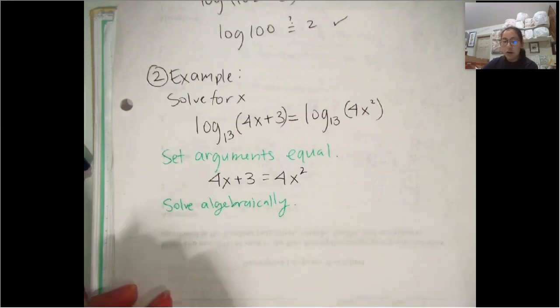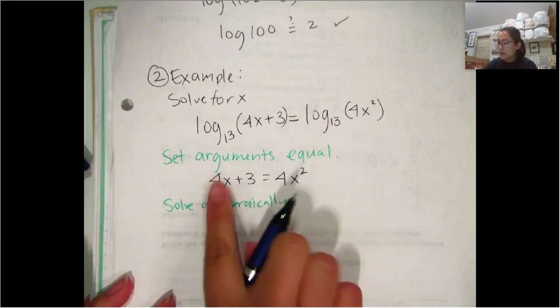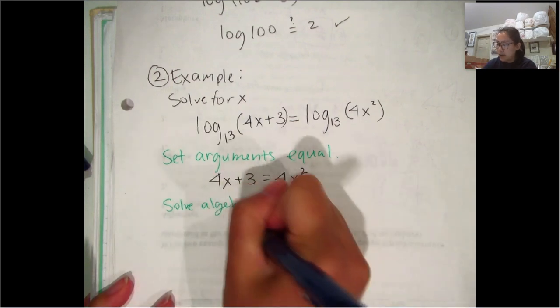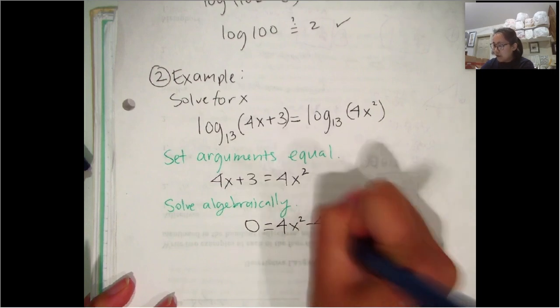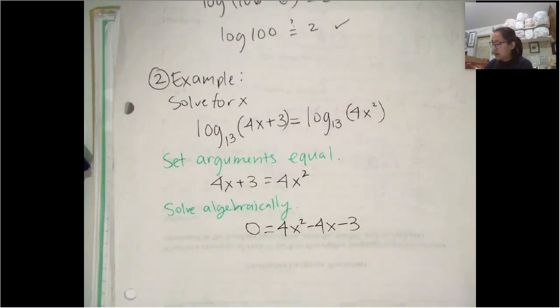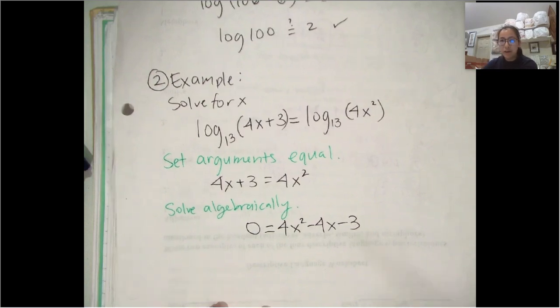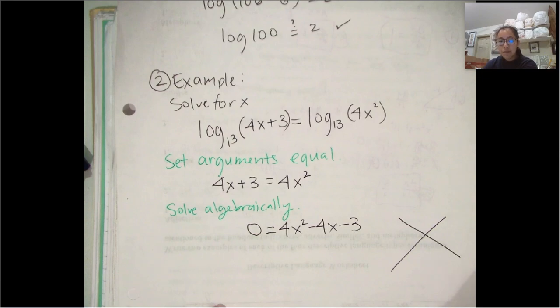Well, this is just a quadratic, so we're going to want to get all the terms to one side. So we subtract those to the other side. So you have 0 equals 4x squared minus 4x minus 3. When you're doing something like this, you want to check to see if it's factorable. So we make the big X. What do we put at the top?